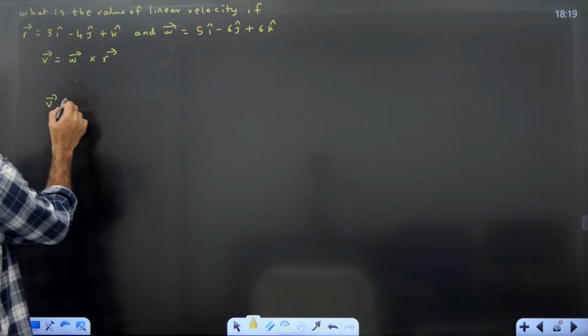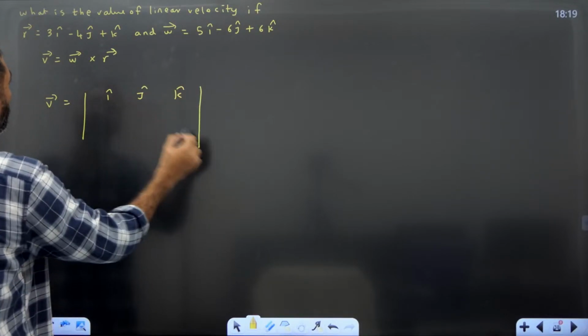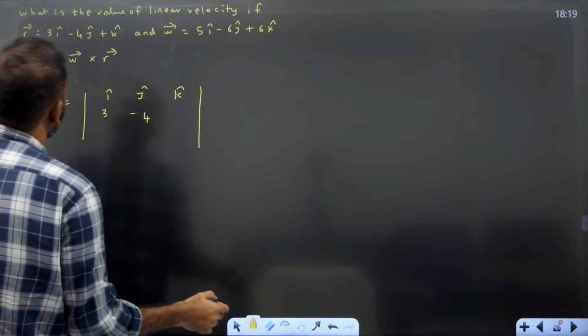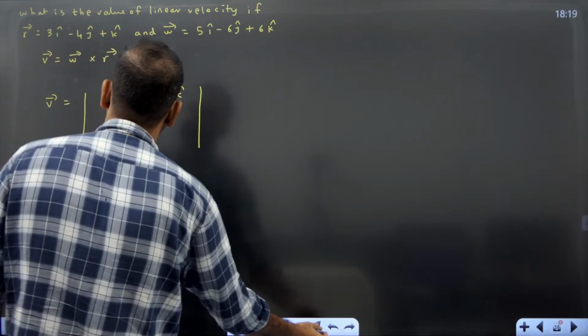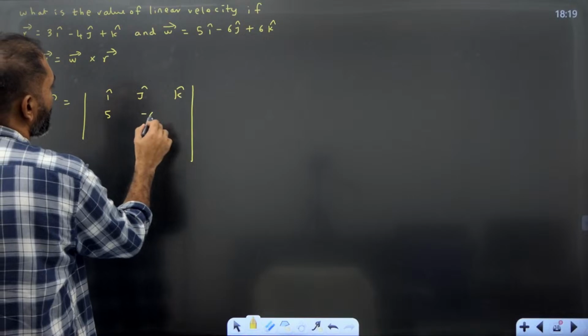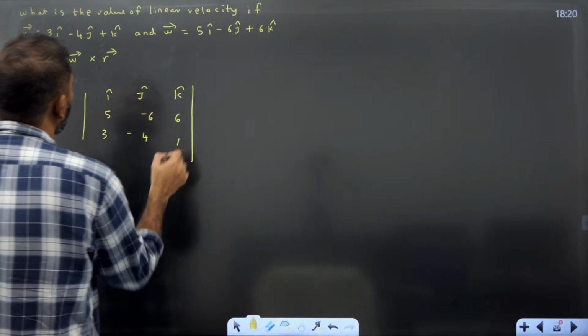How to find out cross product? i cap, j cap, k cap. First of all, omega vector, so write in that order. Omega vector is 5, minus 6, 6. Then r vector 3, minus 4, 1.